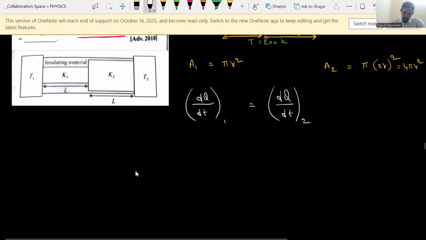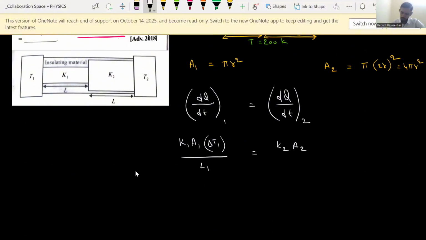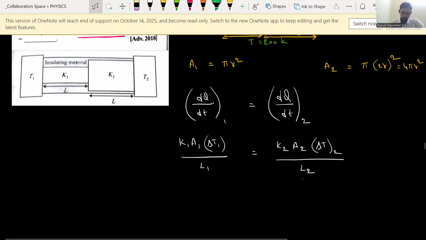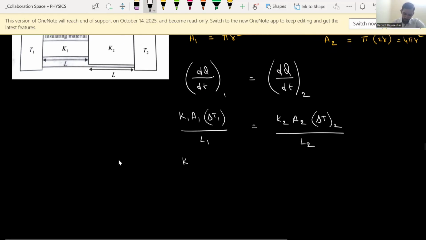So dQ by dt means general formula is what? K A delta T by L, formula I am applying. K1 A1 delta T1 divided by L1 equals K2 A2 delta T2 whole divided by L2. Now substitute the values. K1 value we don't know, we need to find.